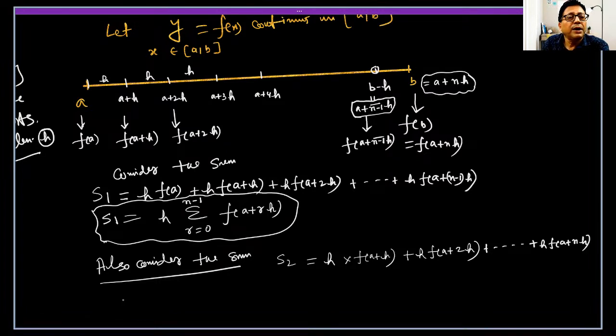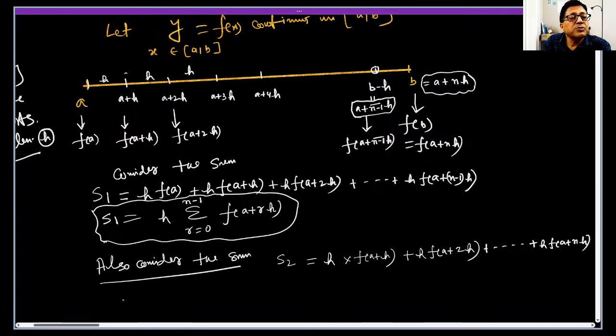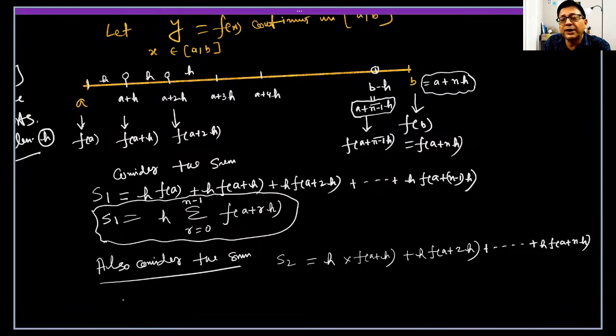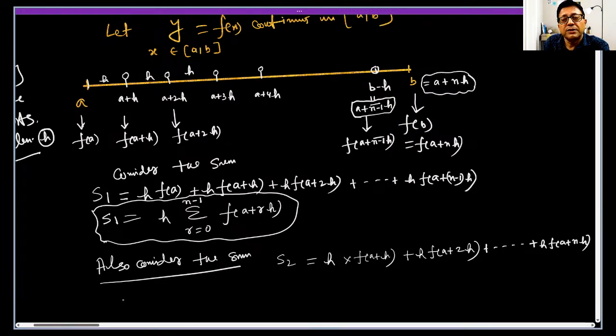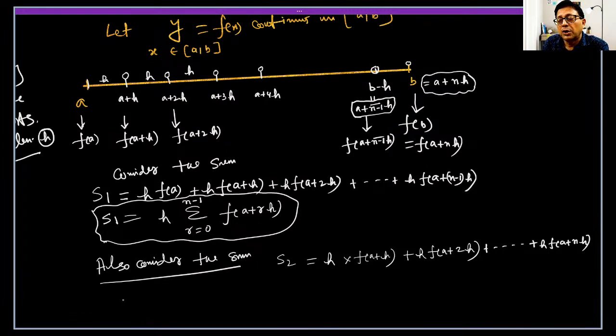What do I mean? I am multiplying the functional value here with the length of the interval, the functional value here with the length of the interval, like that. So every time we are multiplying the length of the interval with the functional value at the end of the interval.